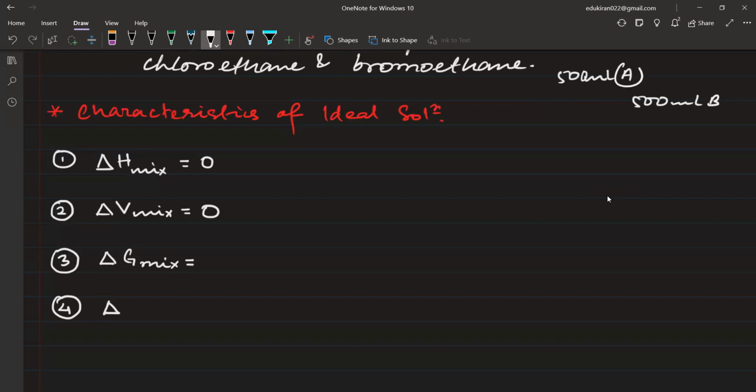So A has only 500 ml to roam around. B had only 500 ml to roam around. When you added both of them, A now has 1 liter to roam around. So if the volume is increased, entropy also increases. So delta S will be what? Delta S for an ideal solution is positive. And that is why delta G will be negative. Write these things.